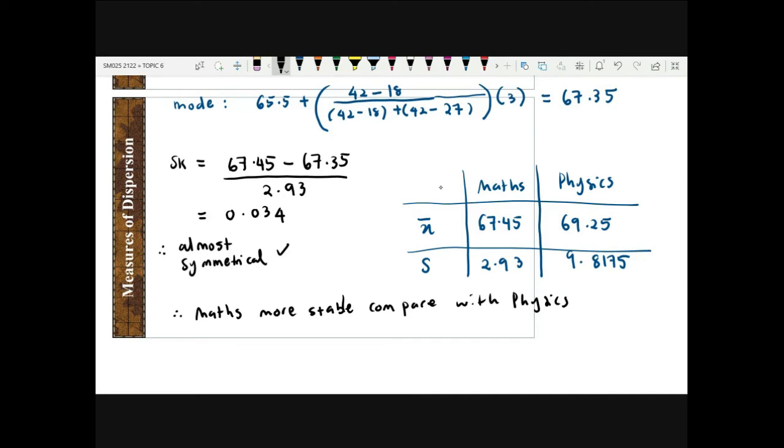Why? Kenapa? Because data or marks. Soalan ni kita tu pasal markah kan? Marks pula. Okay, marks for maths. Kenapa benda ni? Ingat syarat kita tadi. Is less dispersed. Kita kena komen pasal dispersity and more consistent.